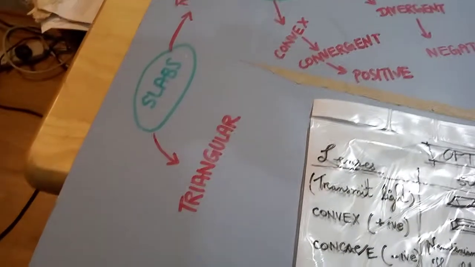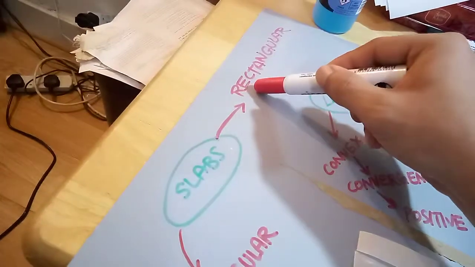So the third aspect is the slabs. We use quite a lot of slabs. Two types of slabs are used, triangular and rectangular.